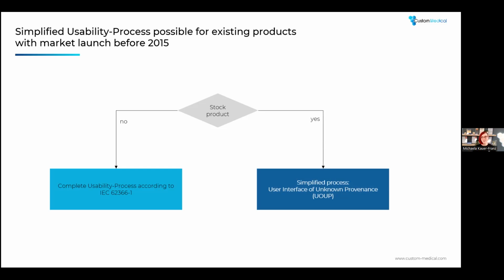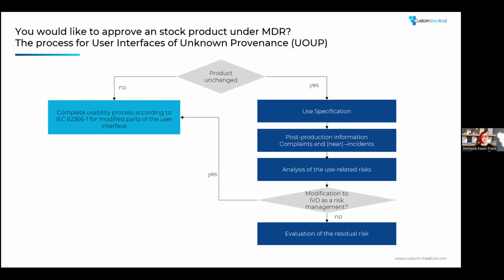Let's have a look at the process itself in more detail. So once again, we're here with an unchanged product. If it's unchanged, you still need to prepare your use specifications. So if you think back to the full process, this is about the user groups, the characteristics of the users, the user environments, and all the additional stuff like intended medical indication, intended patient group that you already have somewhere else.